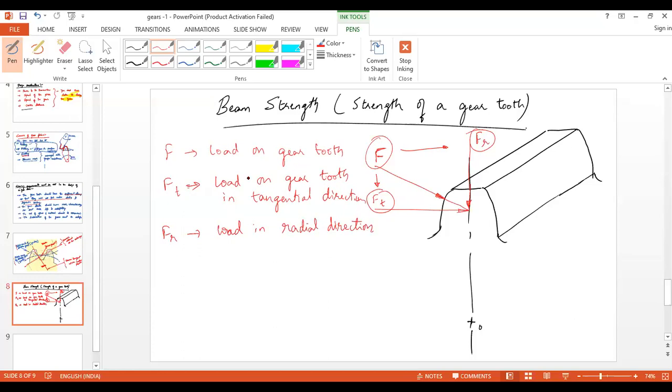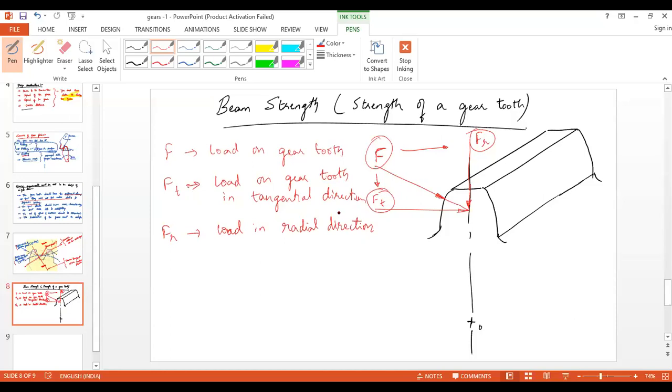Now we need to understand what is the effect of Ft on the gear tooth. What happens to the gear tooth because of the load Ft, whether it compresses, elongates or bends?